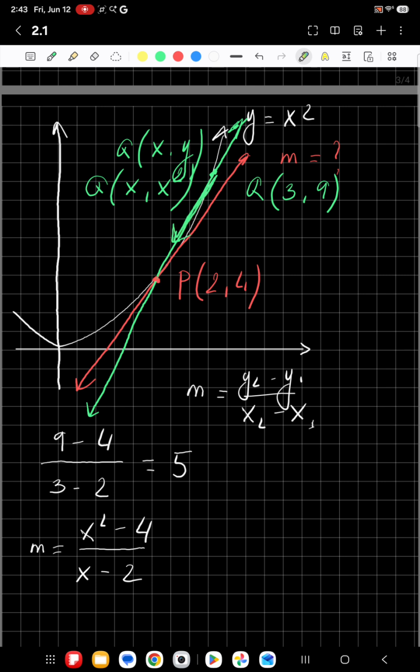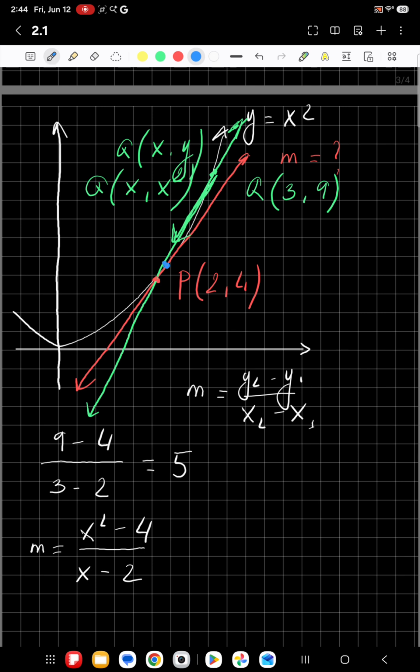If I have this point Q right here, then the secant line that intersects these two points will be very, very close to the actual red line, the line that I actually need.